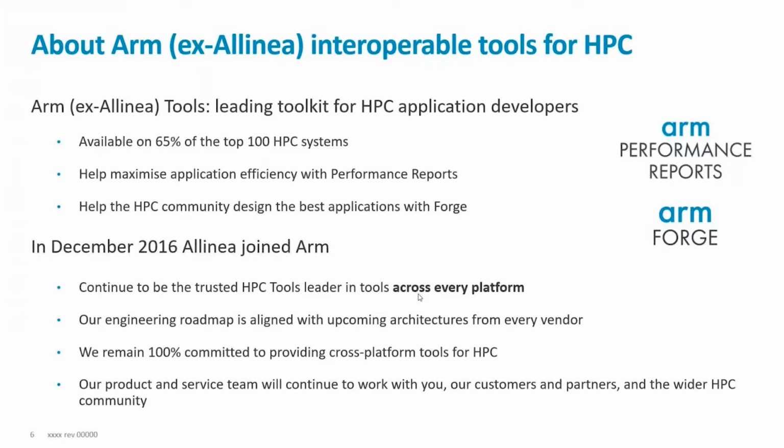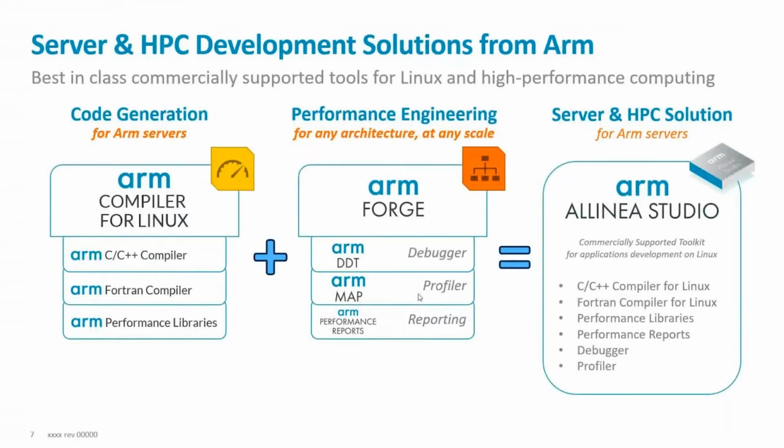Just a bit of intro on Forge licensing. Forge can be licensed alone for any architecture platform. It's now a very important part of the ARM server and HPC development solutions, which we call ARM Allinea Studio.